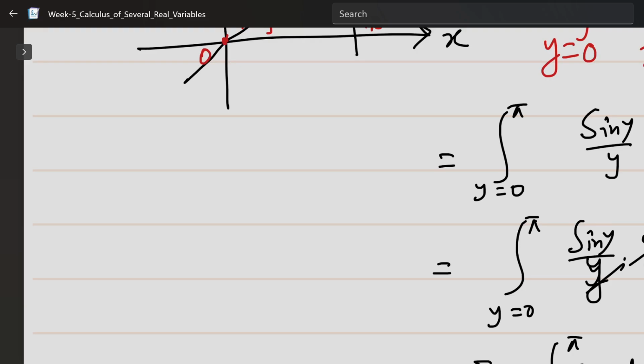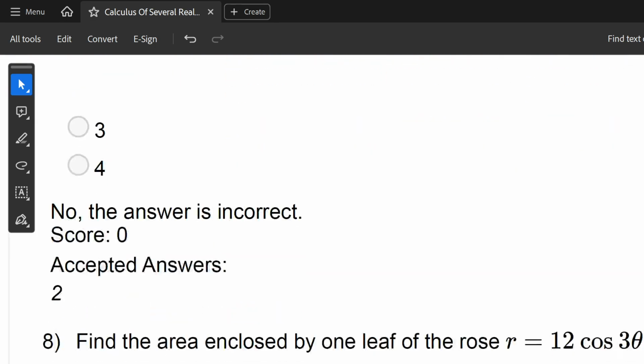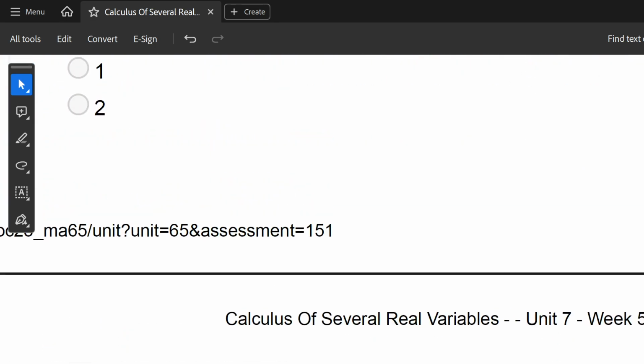So integral of sin y is minus cos y from 0 to pi. So what is the answer? Minus of cos pi minus cos 0. So both are minus 1. So 2 is the answer, right? Option number B. Yeah. Option B is 2.